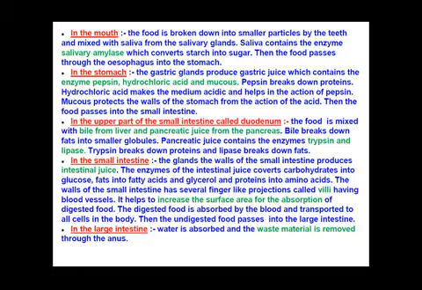No other component, not proteins, not even vitamins or any other nutrient, starts its digestion in the mouth itself. The only component of the food whose digestion starts in our mouth is carbohydrate.